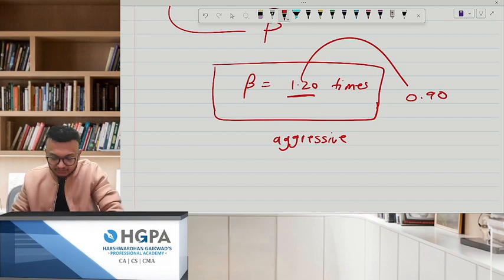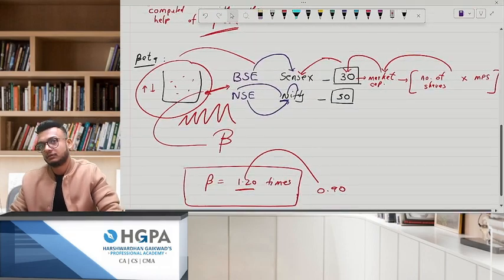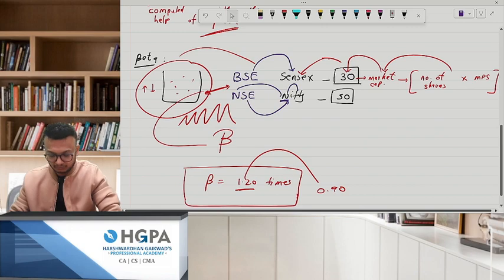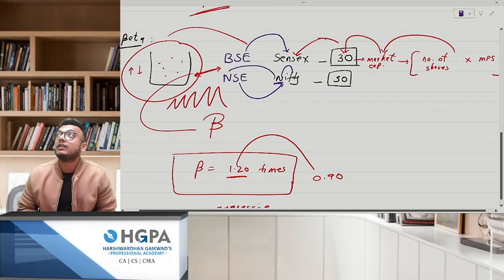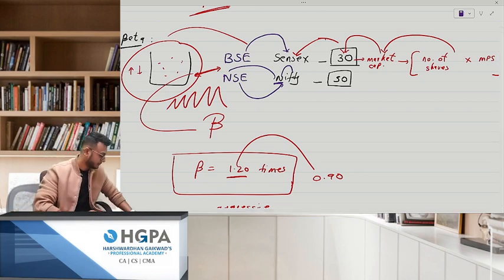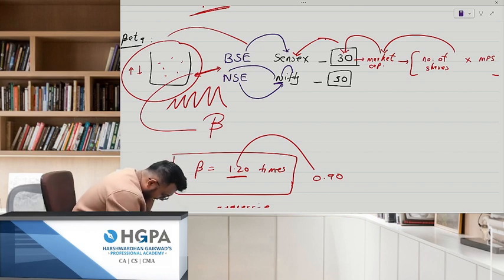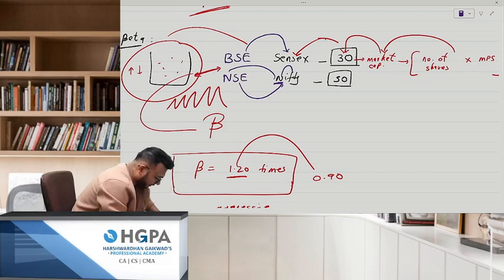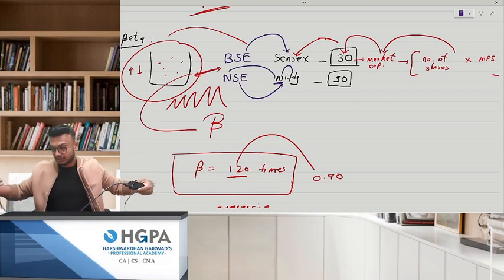Are you understanding this? Write down this. And first write Sensex, all of you write all this.